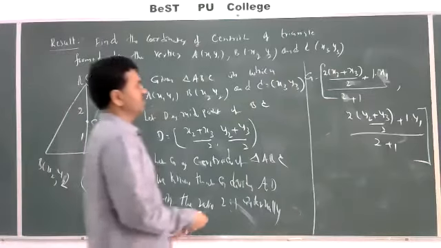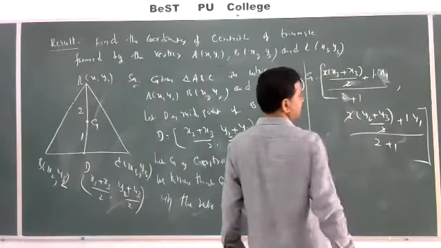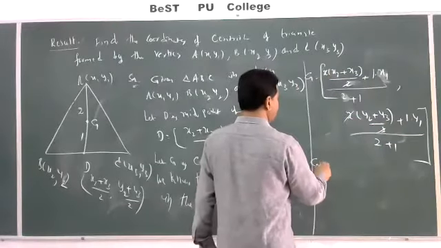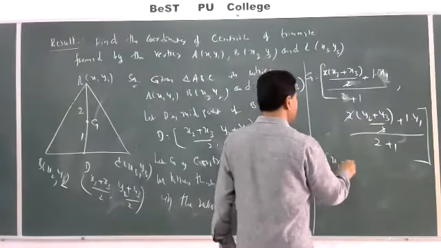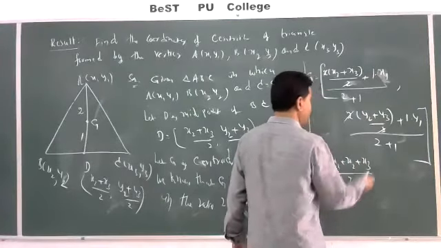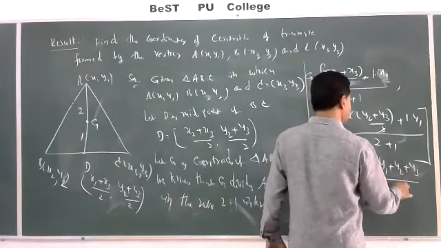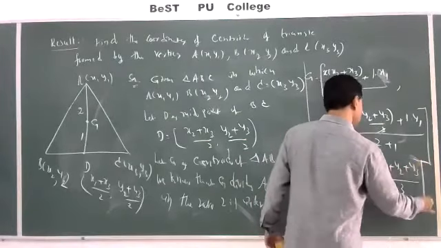Do the simplification. Here the 2 cancels, here also the 2 cancels. So G is equal to ((x1 + x2 + x3)/3, (y1 + y2 + y3)/3). That's all.